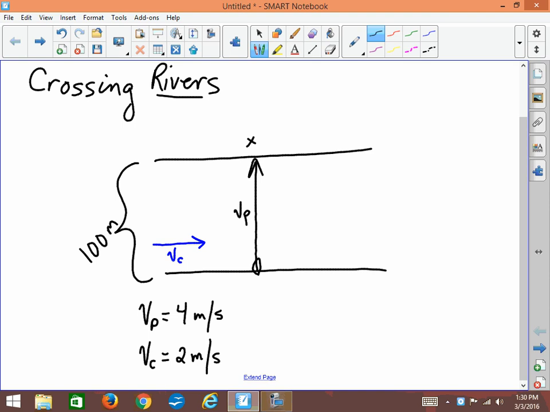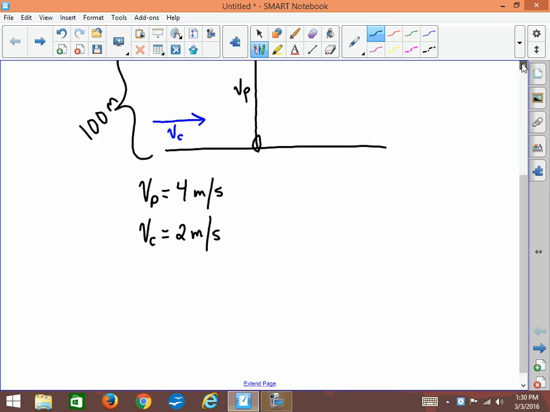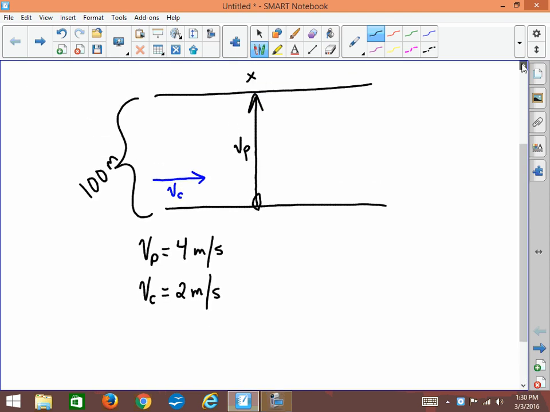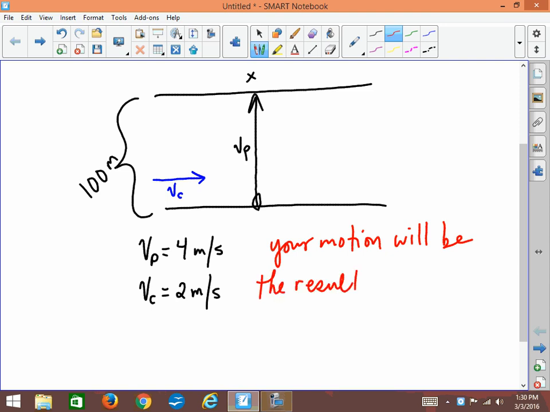Well, what will happen will be the result of two things. Okay? I'm going to write this in red. Your motion will be the result, right? And I guess when I say motion, I mean your actual velocity, the way you'll actually move.